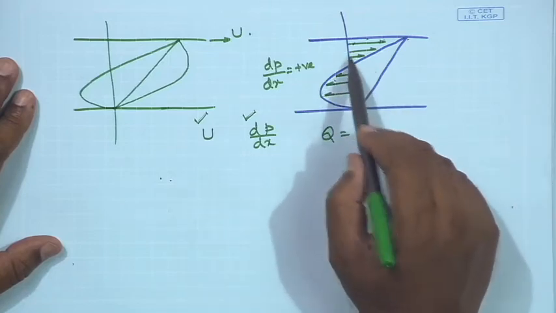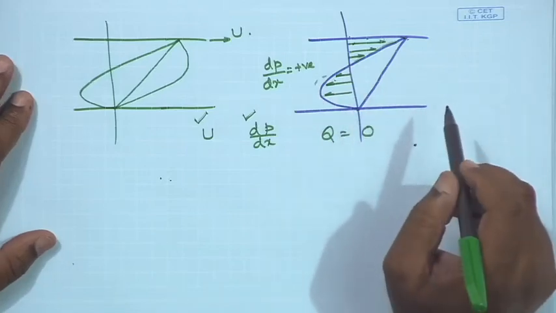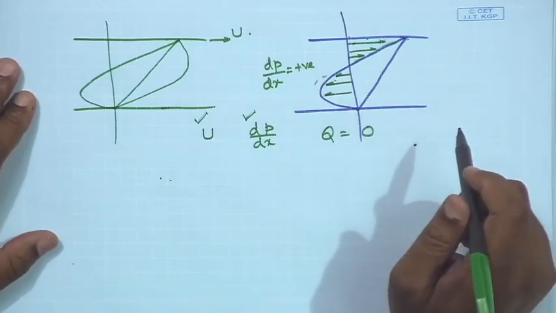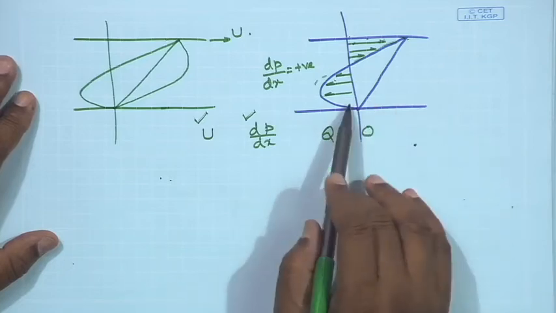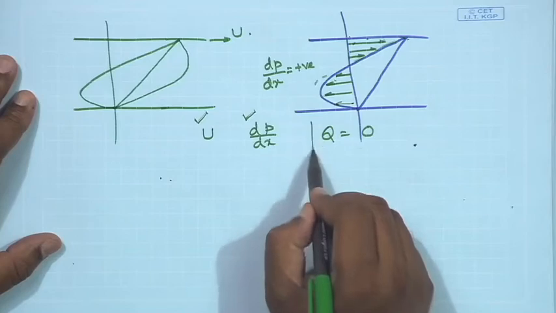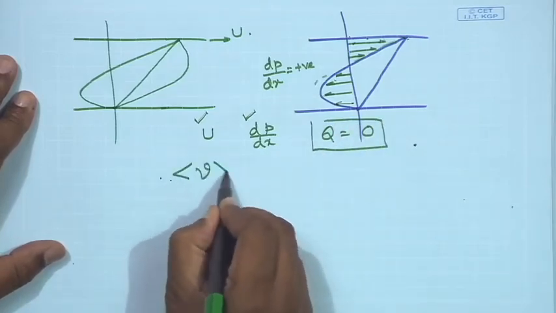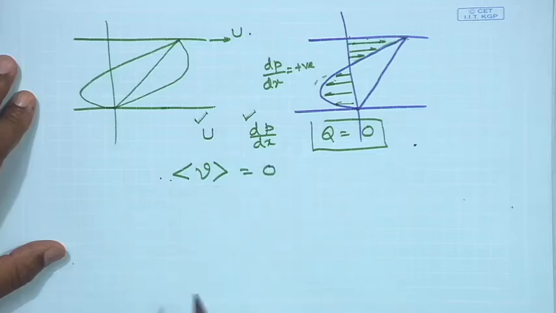So, the area under this curve and the area under this curve must be equal. If Q is 0, this essentially tells you that the average velocity for this case must be equal to 0.